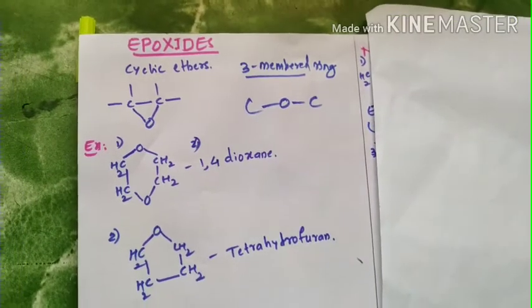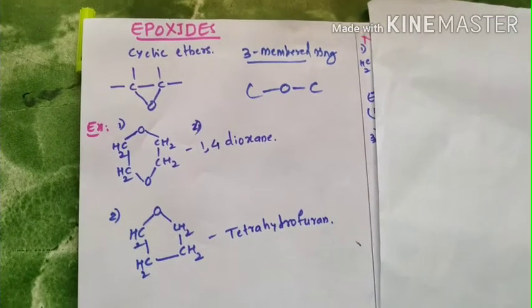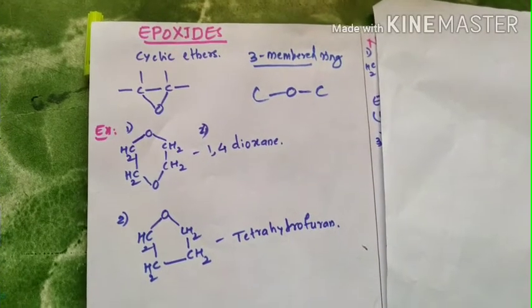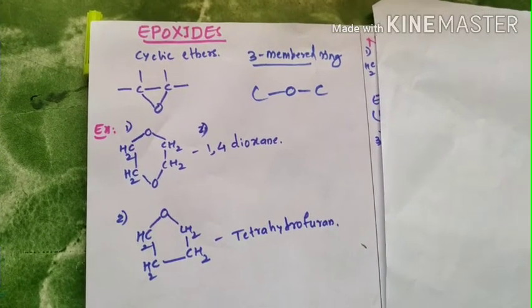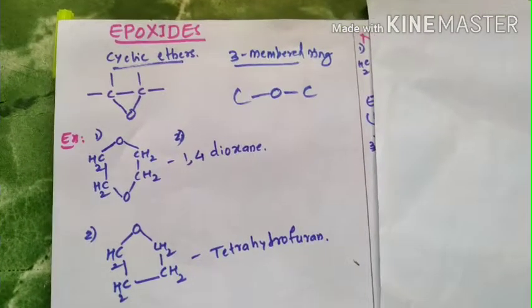These are the organic compounds whose molecules contain a three-membered ring that involves an oxygen atom with two carbon atoms. And these are also known as cyclic ethers.